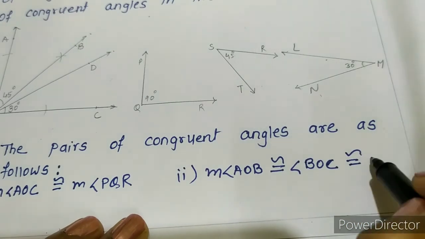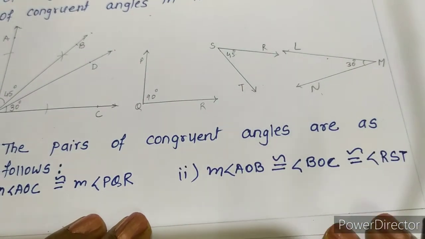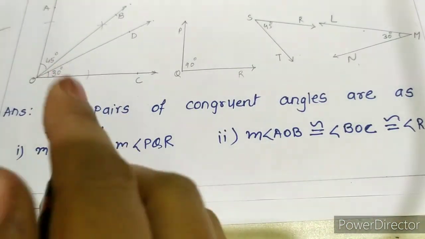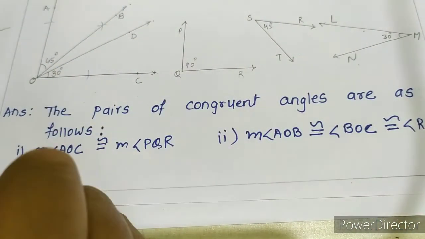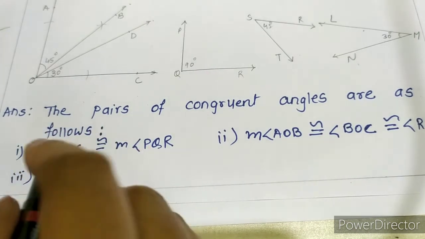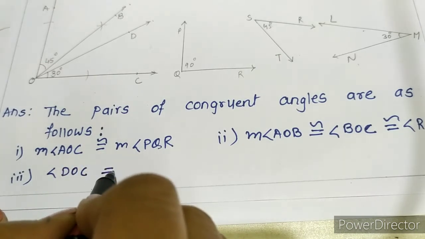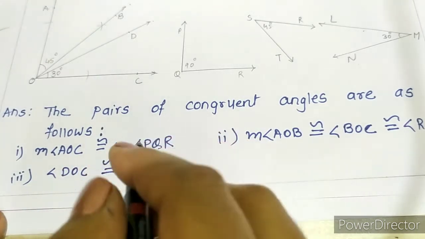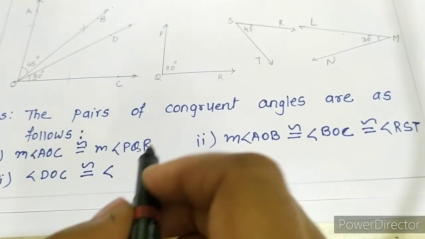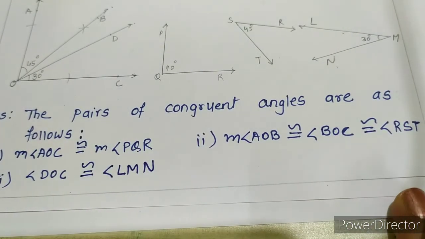Another pair is the 30 degrees angle: angle DOC is congruent to angle LMN. So this is the answer for this question.